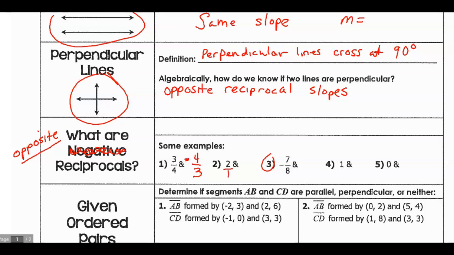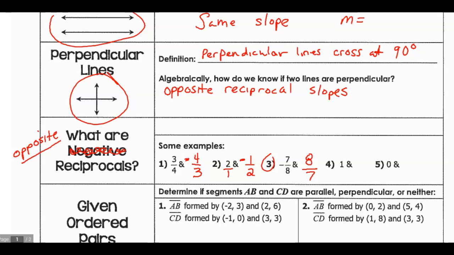So we go to number 2. The reciprocal of 2 over 1 is 1/2. You flip that fraction, and since this one's positive, you make this one the opposite and make it negative. Like I alluded to on this one here, this one's already negative, so you flip it and just take your reciprocal.